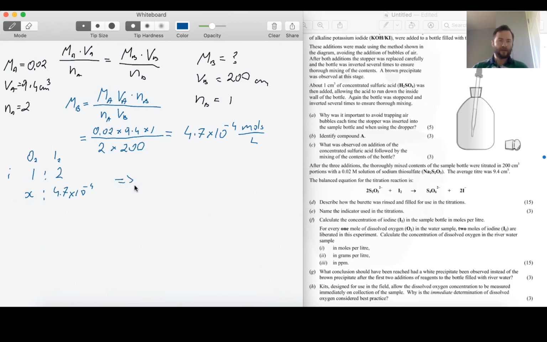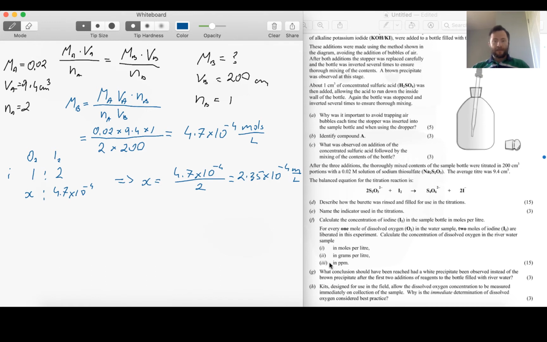So from here I know that X is simply 4.7 times 10 to minus 4 divided by 2, which is equal to 2.35 times 10 to minus 4 moles of oxygen. So the concentration is moles per liter.